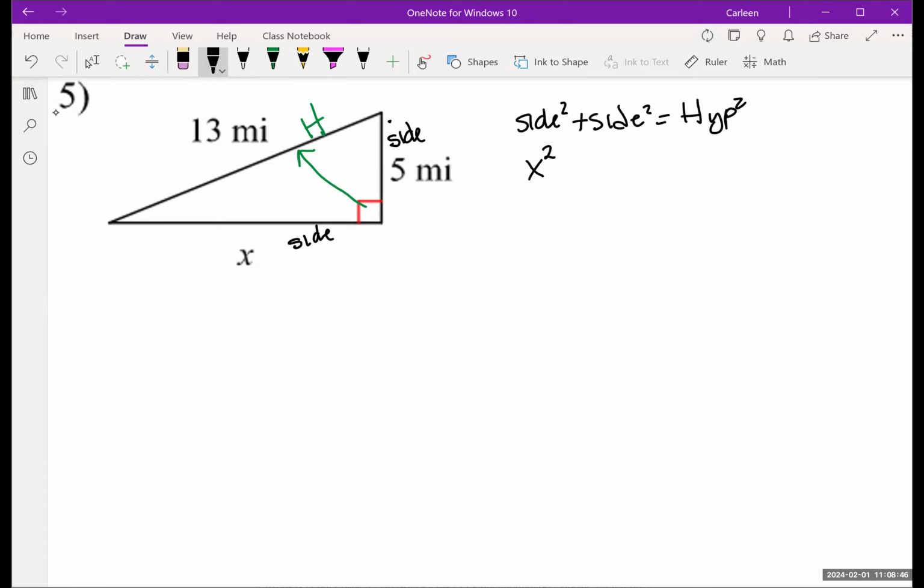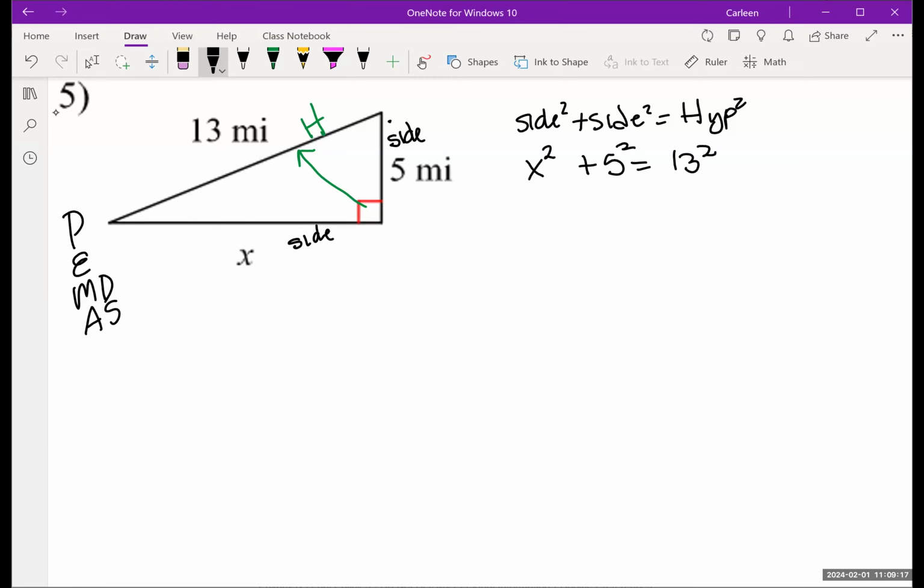Did you see how this time it's a trick? Last time, X was the hypotenuse. This time, X is a side. Do we see the difference between 4 and 5? X squared plus 5 squared equals 13 squared. Please excuse my dear Aunt Sally.